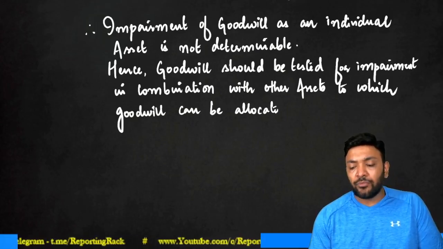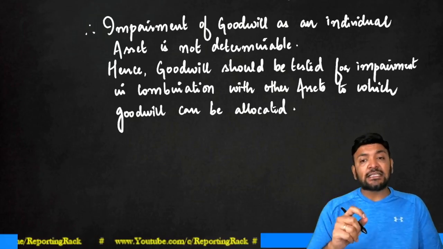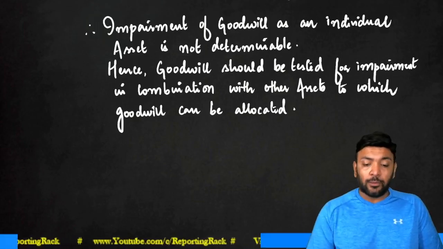So we are saying goodwill is allocated to other assets, and along with such assets, I will test for impairment of goodwill.